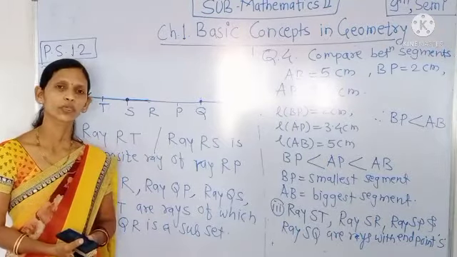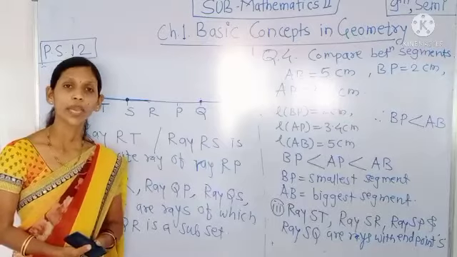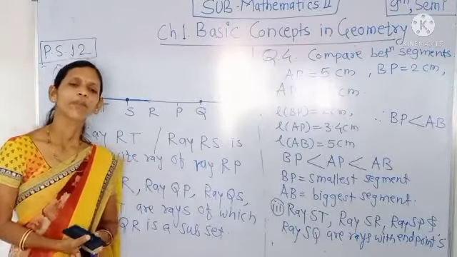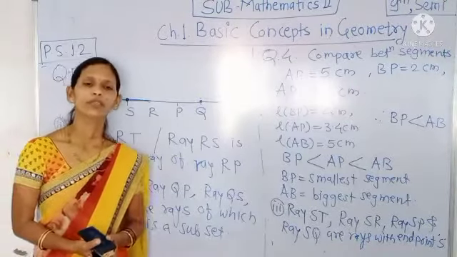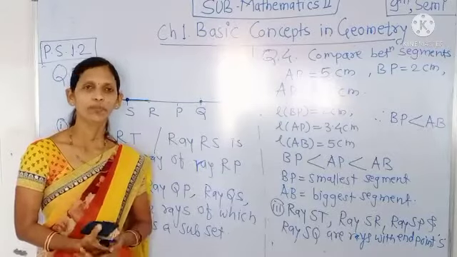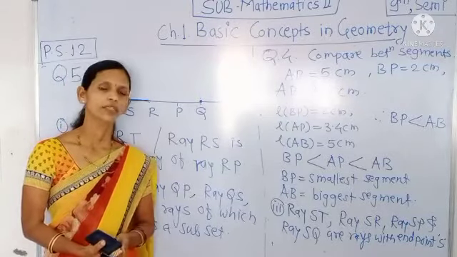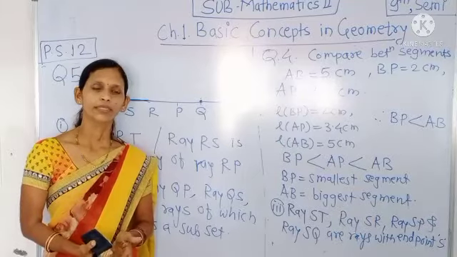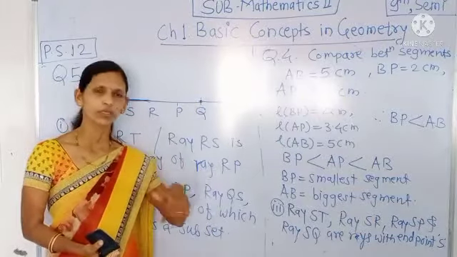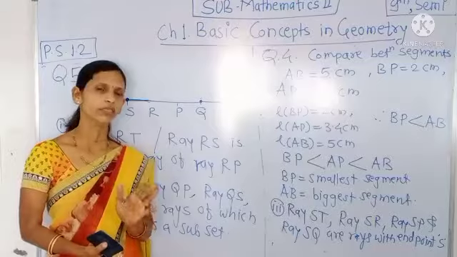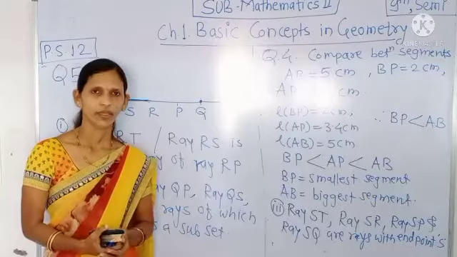Then you should solve the remaining examples from practice set 1.2 for more practice, and you can also solve the examples based on those concepts from problem set 1. Thank you.